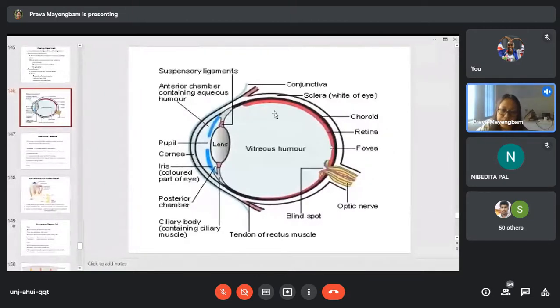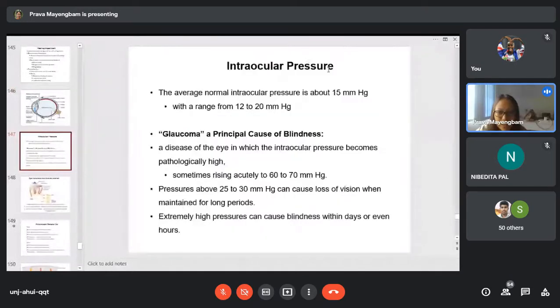Okay, you said that you have studied the anatomy of the eye, so keep the anatomical knowledge in the background, and we will continue with that. The eye maintains a particular pressure in its chamber, and that pressure is called intraocular pressure.